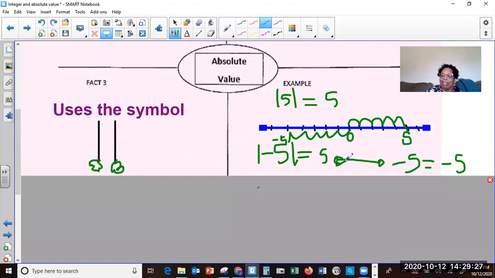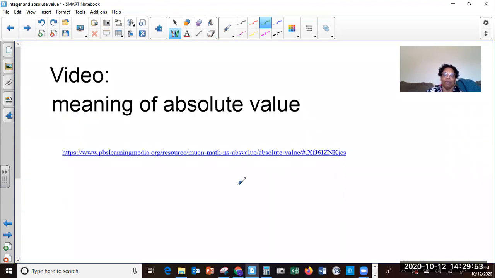In this case, when negative 5 appears in the absolute value symbol, it ends up being positive. Here, negative 5 is equal to negative 5. And when it's 5 in the absolute value signs, it's still positive 5 because it's distance. Let's practice more and see what it means.